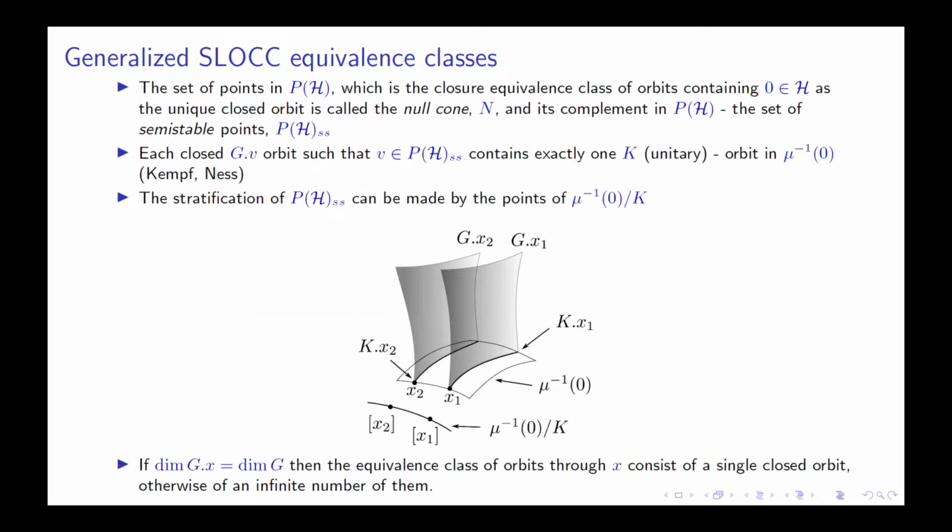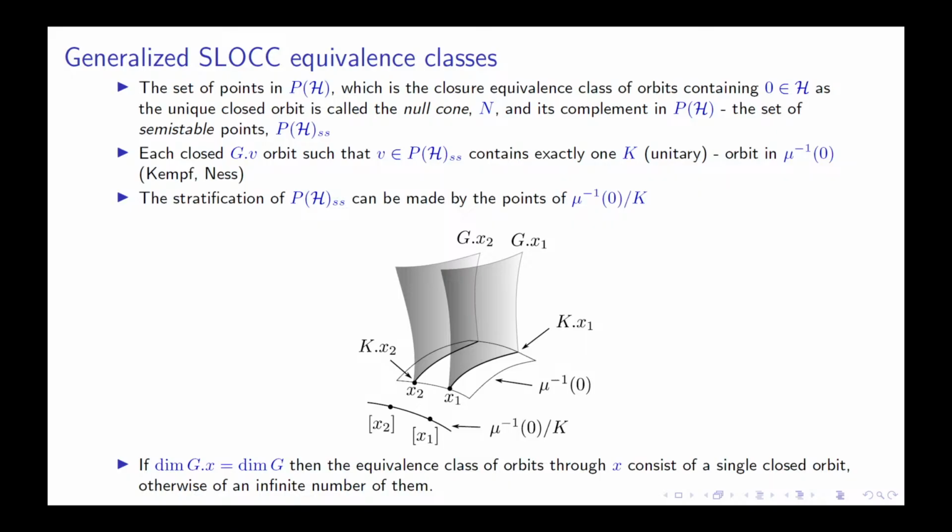Now there is some subtlety. Namely, the set of points whose closure equivalence class contains 0 as the unique closed orbit is called the null cone, and its complement is the set of semi-stable points.